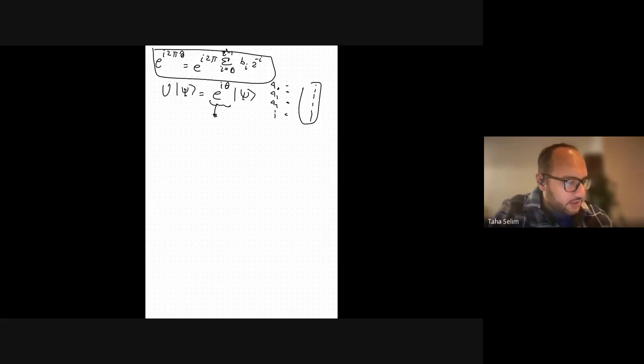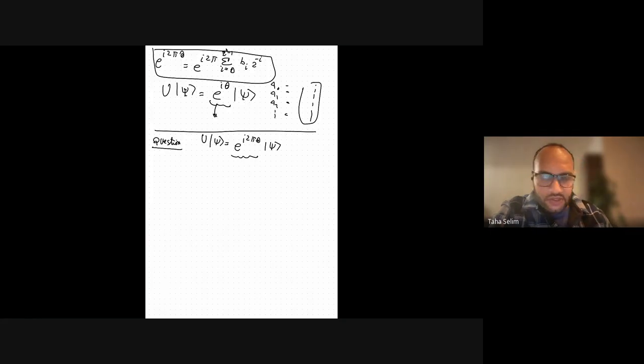Okay, so now let's answer the following question. How can we estimate the phase of a unitary operator U acting on psi equal to e to the power i 2 pi theta acting on psi? We would like to estimate this one. The answer is we can create a quantum circuit of n qubits.